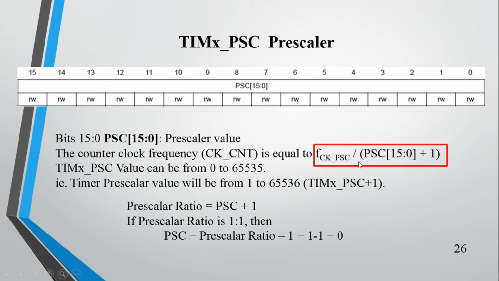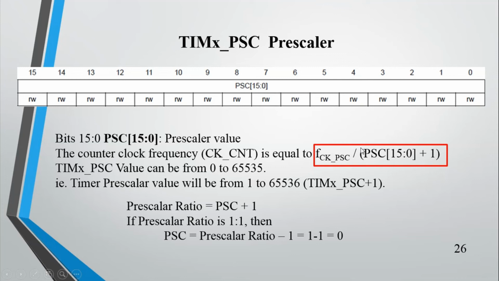It will be nothing but PSC plus 1. Whatever clock you are giving as input to the PSC, that will be divided by PSC plus 1. If my PSC is set as 0, I am dividing the input clock by PSC plus 1.